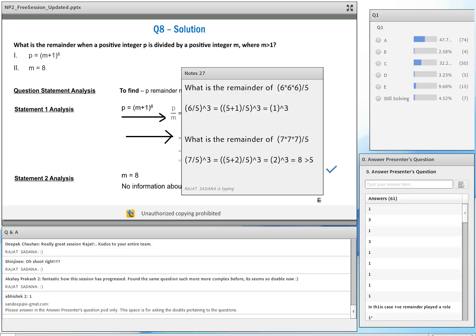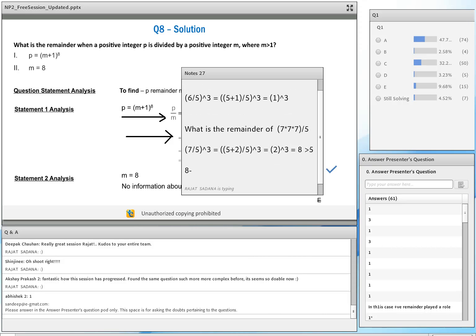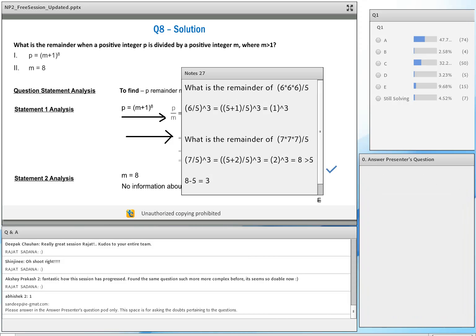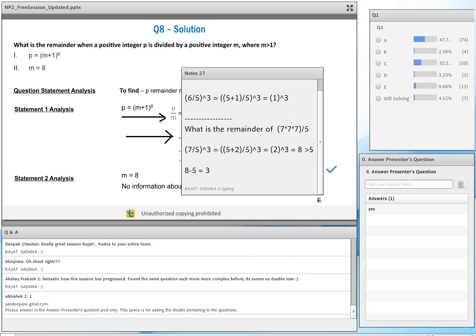So I'm going to do 8 minus 5, and I'm going to get the remainder as 3. Does that help, Omar? The method remains the same. We've done all of this. This is just data sufficiency.